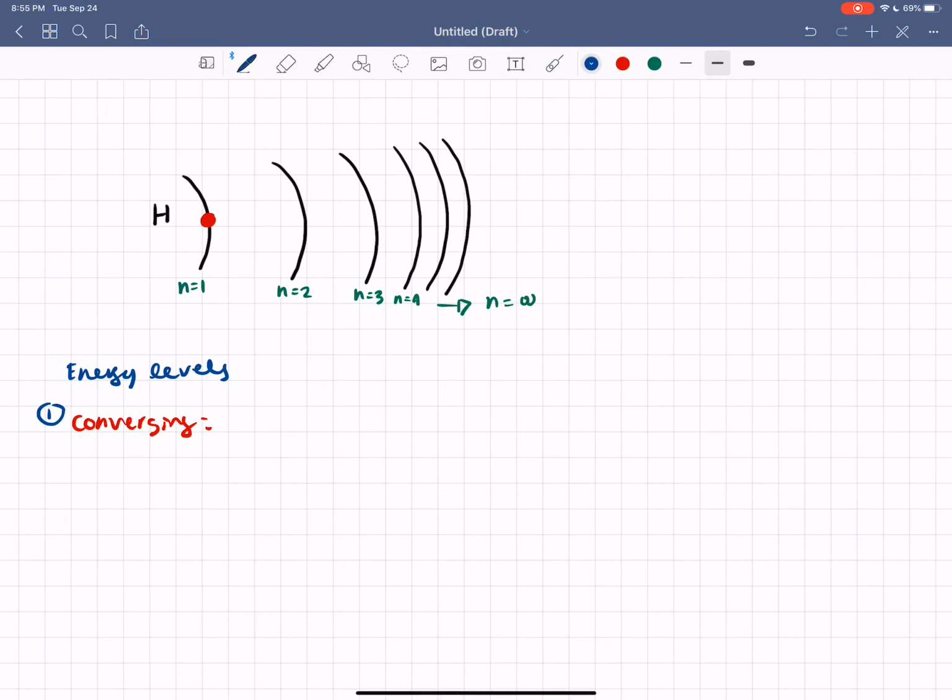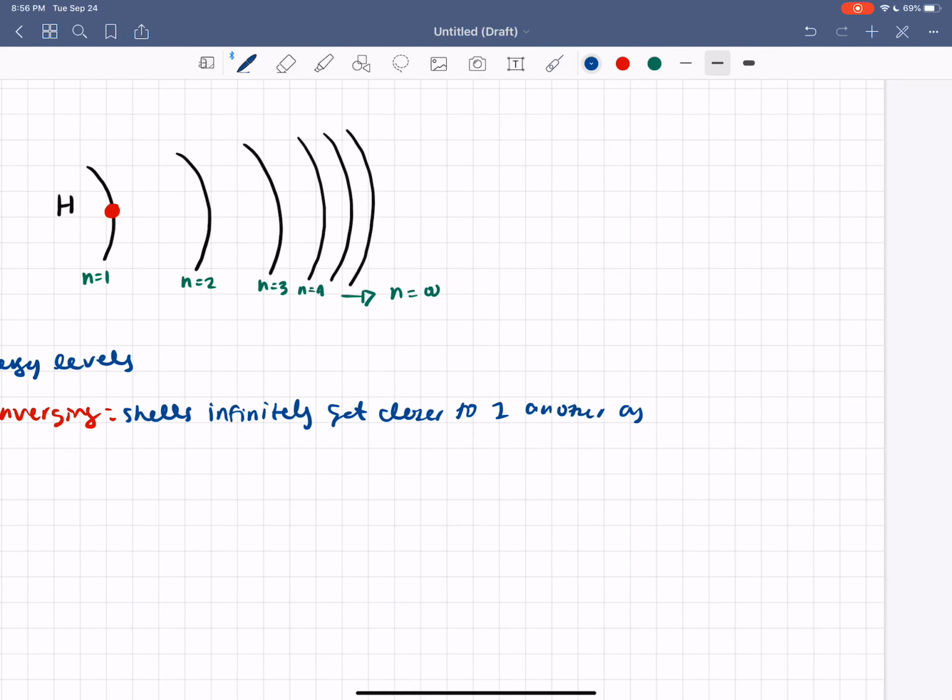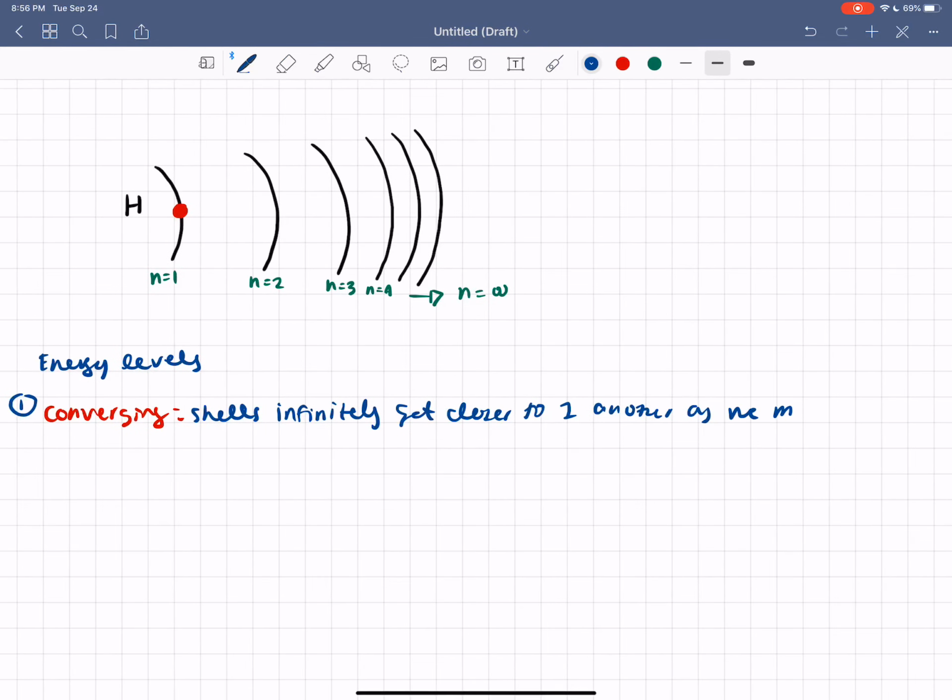So we say that shells infinitely get closer to one another as we move further away from the nucleus.